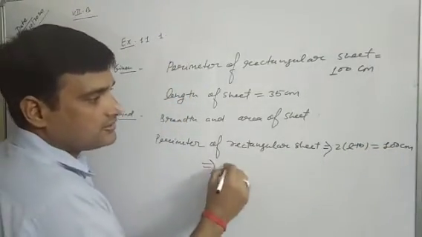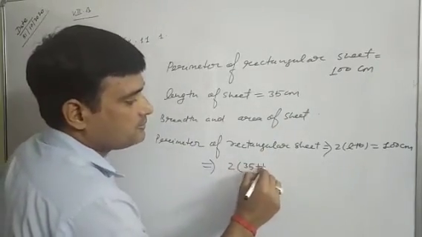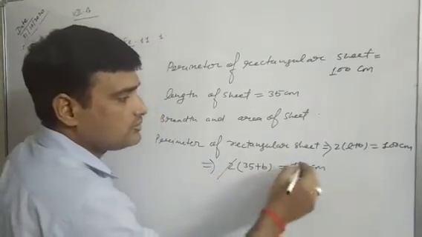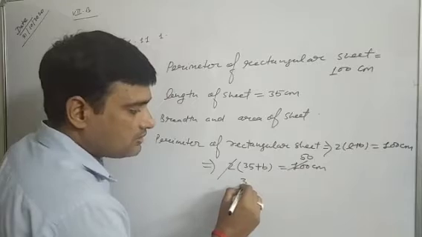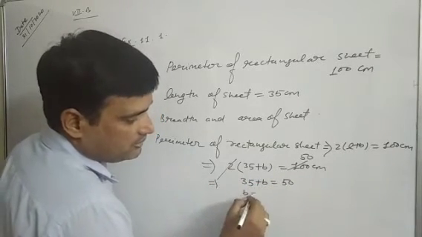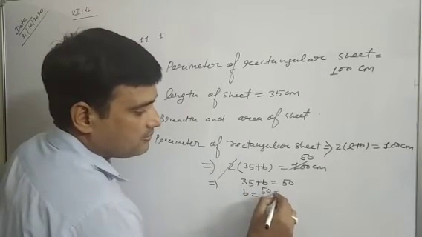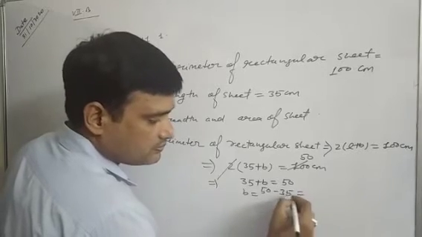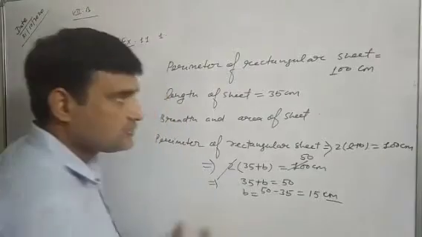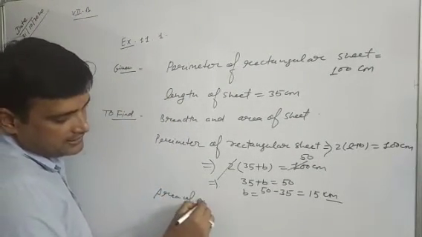Now we put the value of length, 35 plus B is equal to 50. B is equal to 50 minus 35. How much? 15 centimeter.